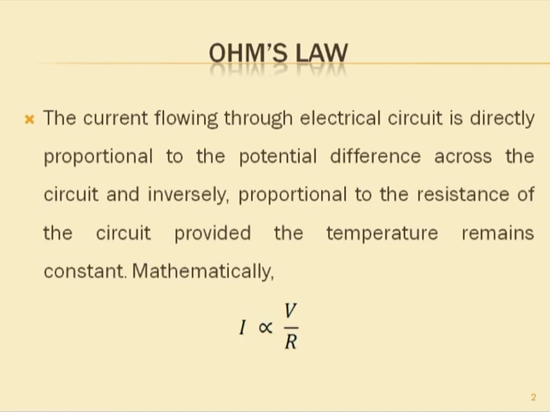This is very important. Here we are applying Ohm's law with the assumption that the temperature remains constant. If the temperature and all climatic conditions are assumed constant, then the current I is proportional to the voltage V, where V is the potential difference across the element, and I is inversely proportional to the resistance R. Definitely we can extend Ohm's law to AC circuits also, but right now we are confining our discussion to DC circuits only.